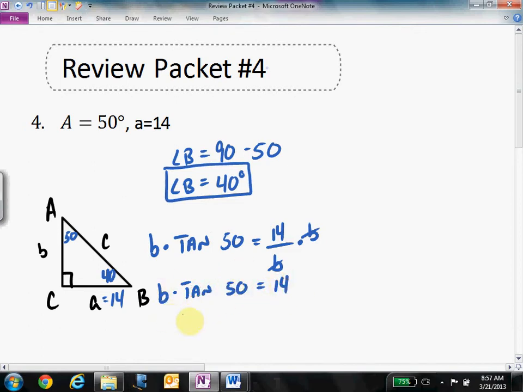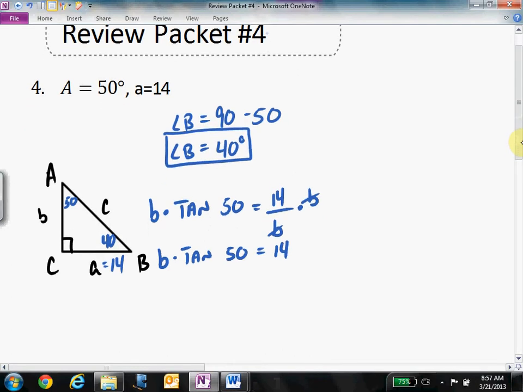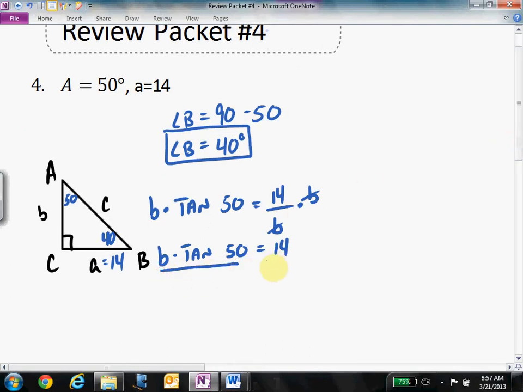I want to solve for B, so I'm going to divide both sides by tan of 50 degrees. The tan of 50 degrees will cancel. Using a graphing calculator or some kind of Texas Instruments calculator, I would recommend the TI-84.